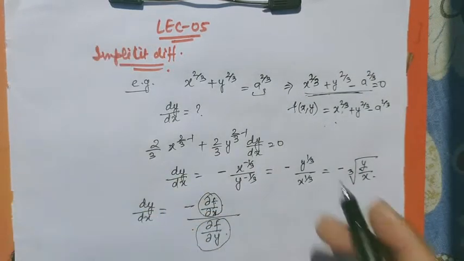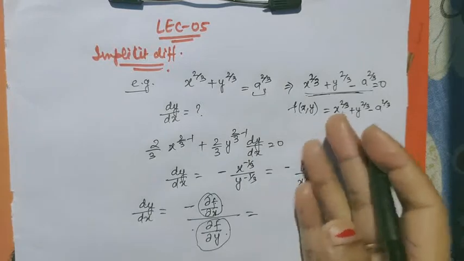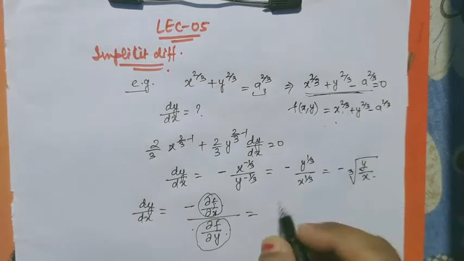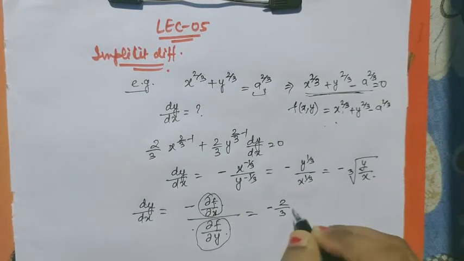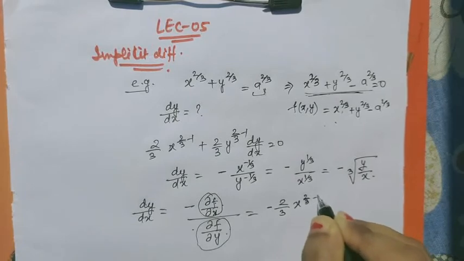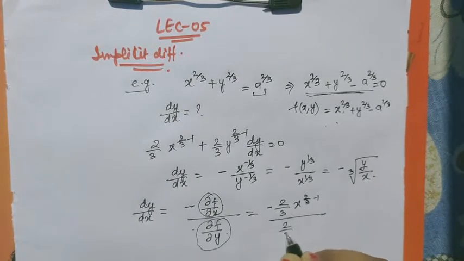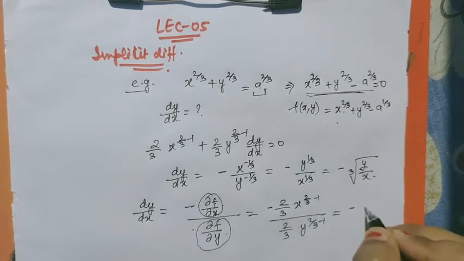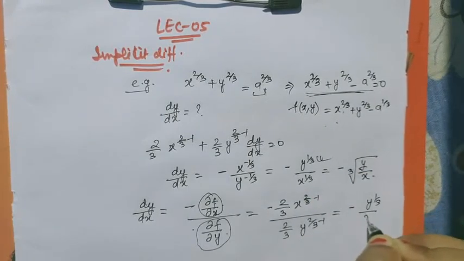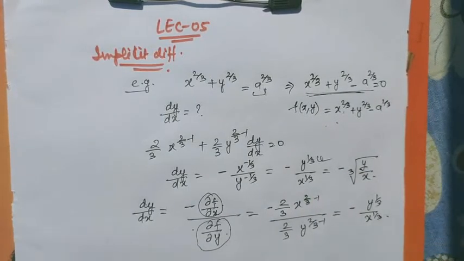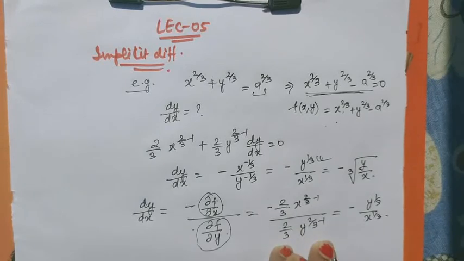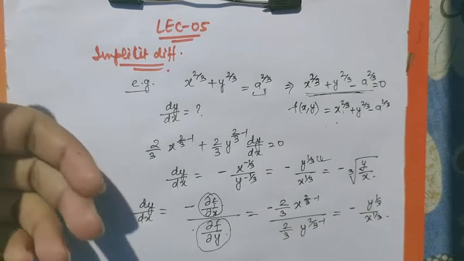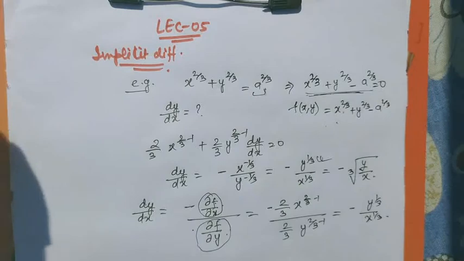Okay, now partially differentiating it, we get minus 2 by 3 x raised to power 2 by 3 minus 1 and 2 by 3 y raised to power 2 by 3 minus 1. From here we are also getting this value, y raised to power 1 by 3 and x raised to power 1 by 3. So it's your choice which method you will use.